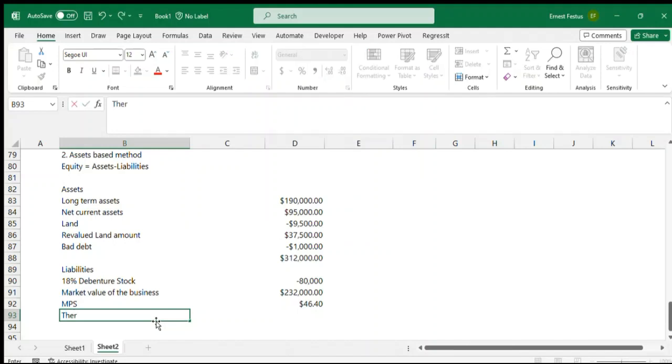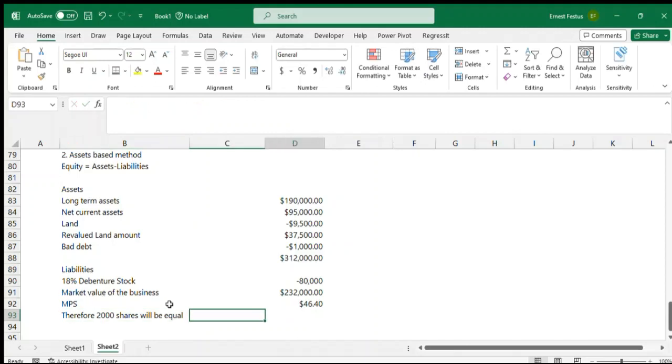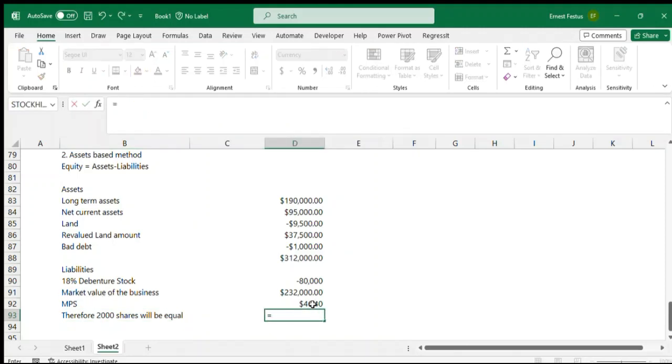And this follows that our 2,000 shares will be equal to this value, the market price per share, multiplied by the 2,000 shares.